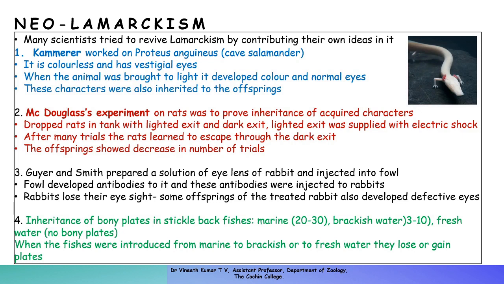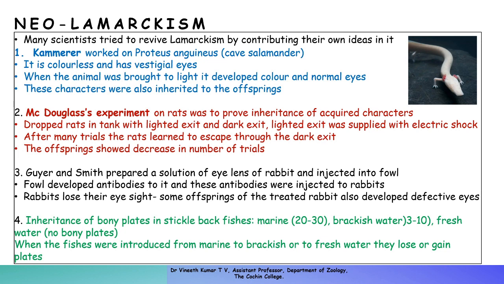He found that after many trials, the rats completely avoided the light exit and exited from the tank through the dark exit. And when these rats, trained for the dark exit, reproduced, he found that the offspring took less time.